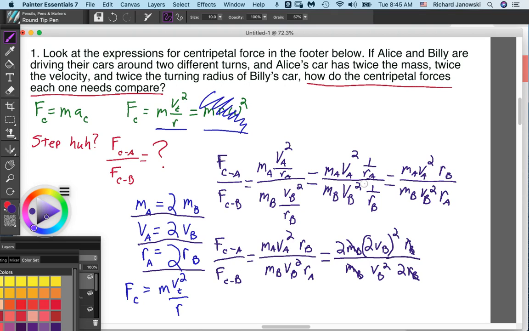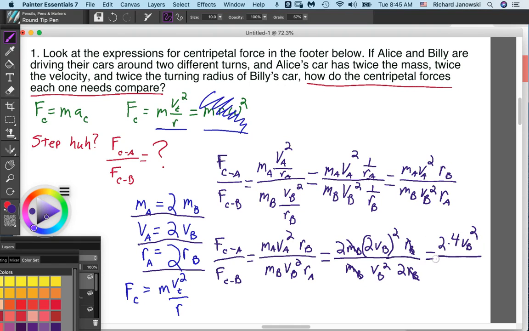And I've got to do this exponent before I cancel the other things. So make sure you're keeping the 2 that's on the top. So that 2 is there. When I square 2 velocity of Billy, I'm going to end up with 4 velocity of Billy squared.